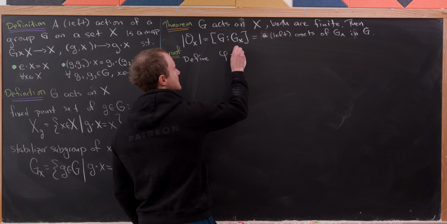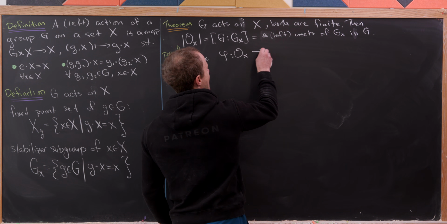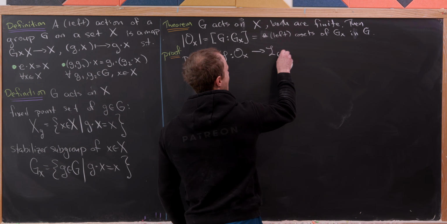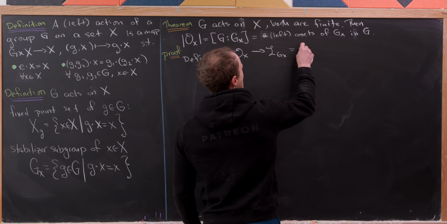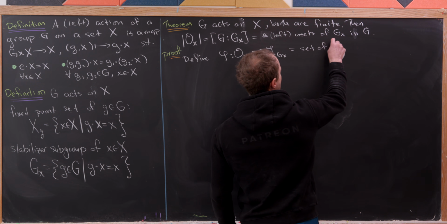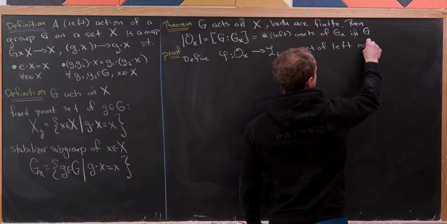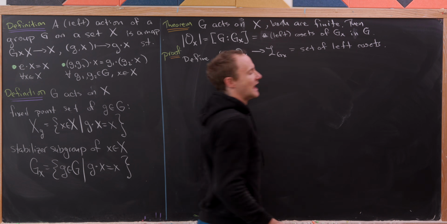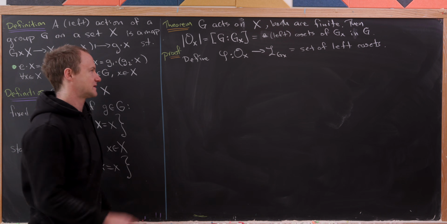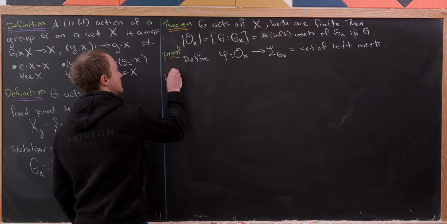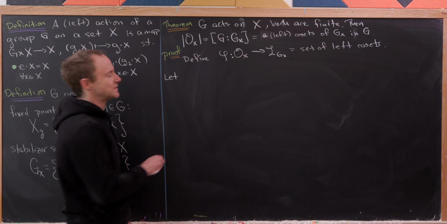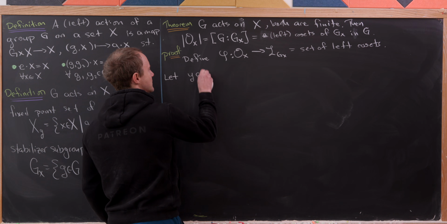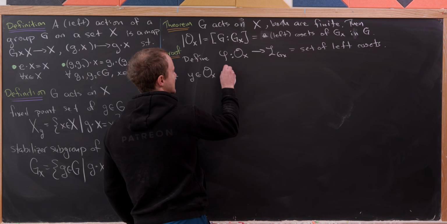We'll call it phi, and it goes from the orbit of x to, and I'll call this L sub Gx, the set of left cosets. Great. And now how are we going to define it? Well, it's going to be a little bit of a process. So let y be in the orbit of x. So what does that mean?